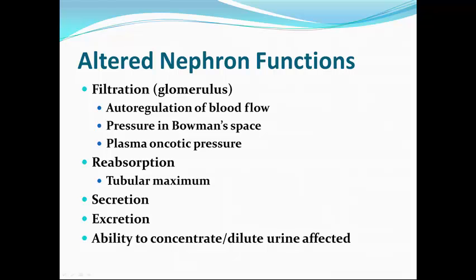In a time of hypertension, the afferent arteriole will constrict. In a time of hypotension, that afferent arteriole will dilate because you have to keep that glomerular perfusion pressure up in order for it to work. So that's where autoregulation becomes very important.